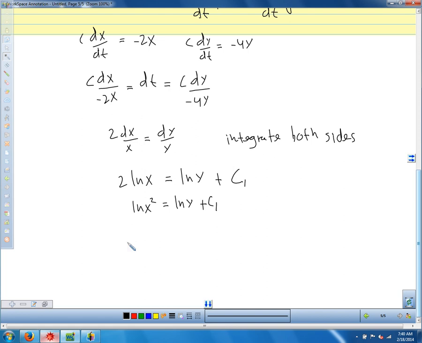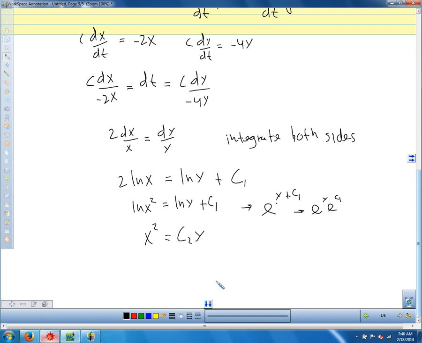So I get x squared equals, and when I exponentiate this side, I get e to the natural log y plus C1, and that's e to the natural log y times e to the C1. And e to the C1 is where I get my C2.